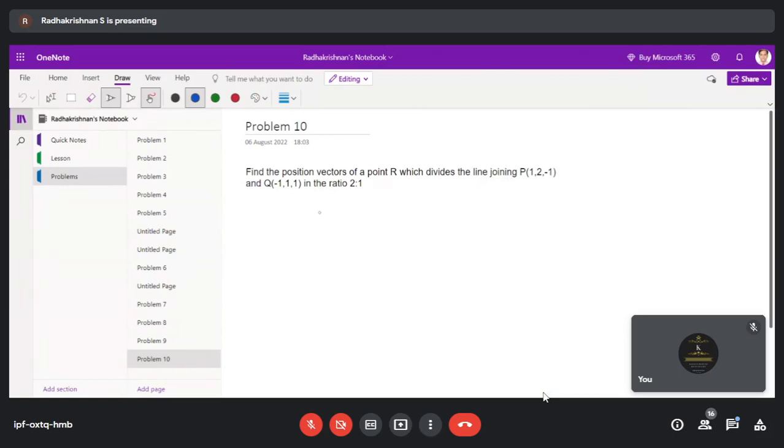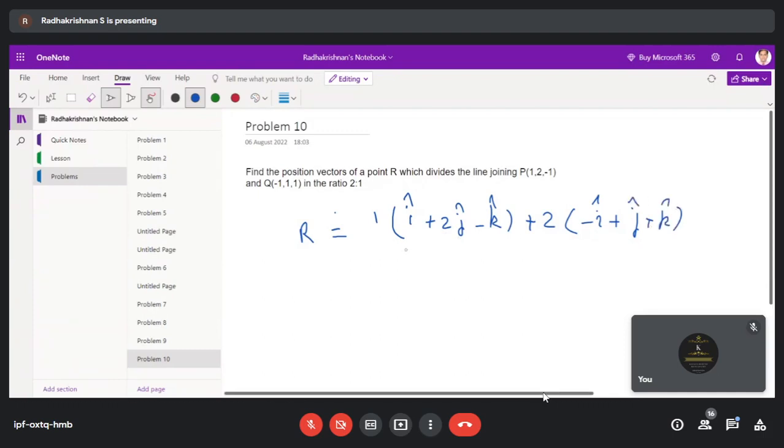It is n into the first vector plus m into the second vector, divided by m plus n. So R equals n, which is 1 here, 1 into the first one, plus m into the second one, divided by m plus n.